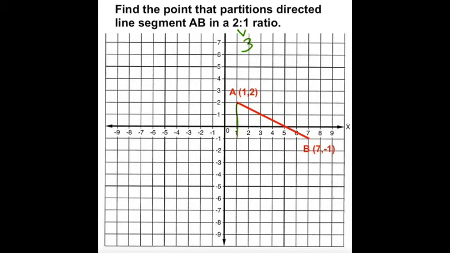I'm going to do this to help us out here. This just shows in total how far it goes down and how far it goes over. And if you just count that, the total, it goes down 3 and over 6.